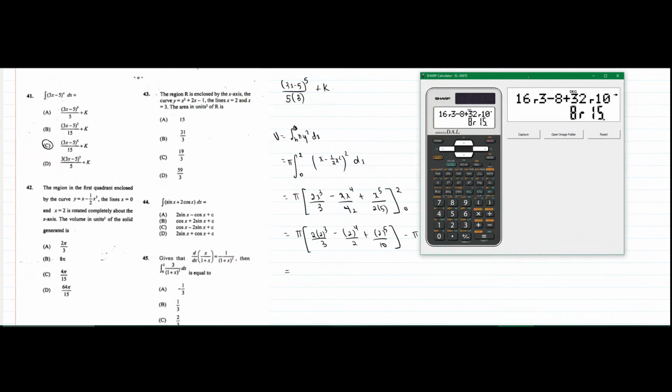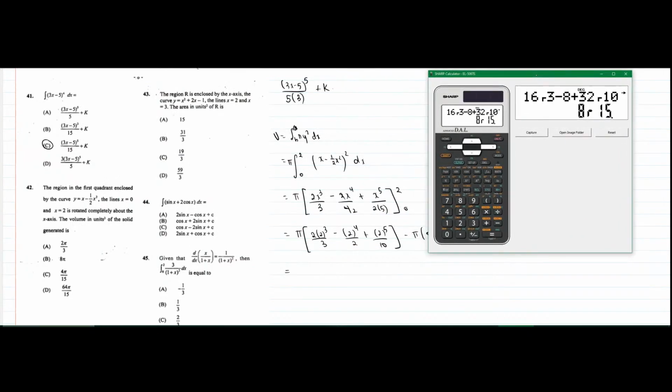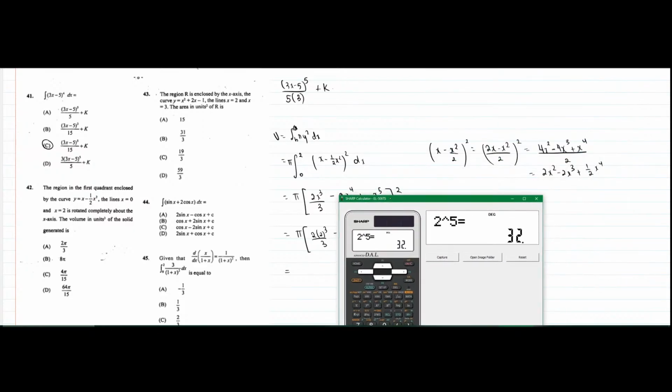We have 16 over 3, take away 8 plus 2 to the power 5 is 32 over 10. Right. Did I make a mistake?